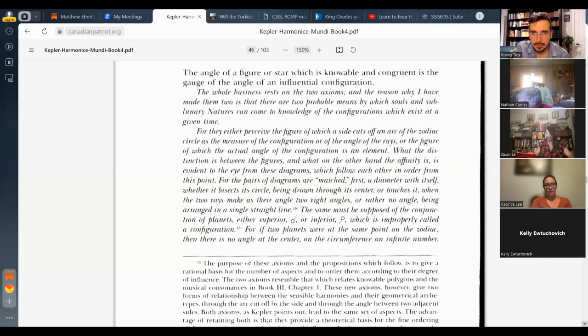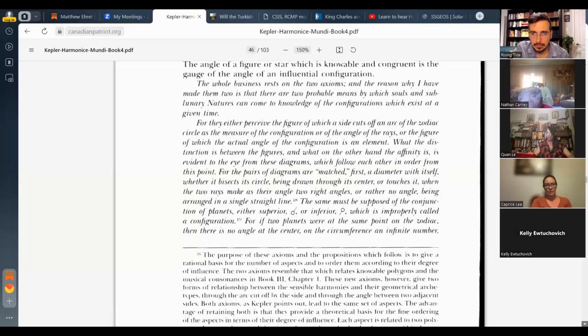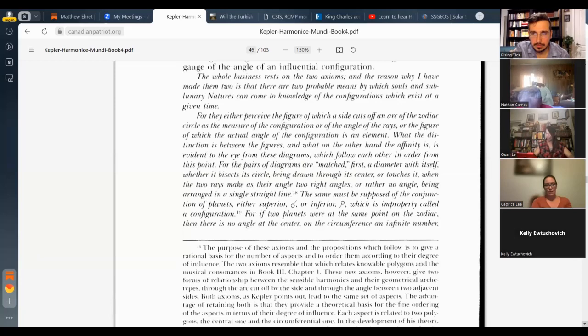First, a diameter with itself, whether it bisects its circle, being drawn through its center, or touches it, when the two rays make as their angle two right angles, or rather no angle, being arranged in a single straight line.